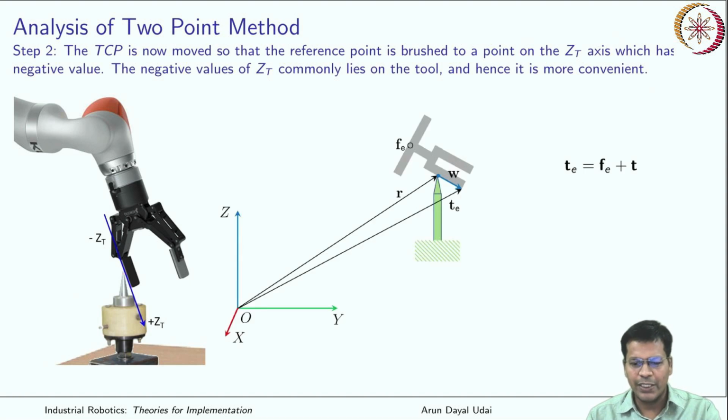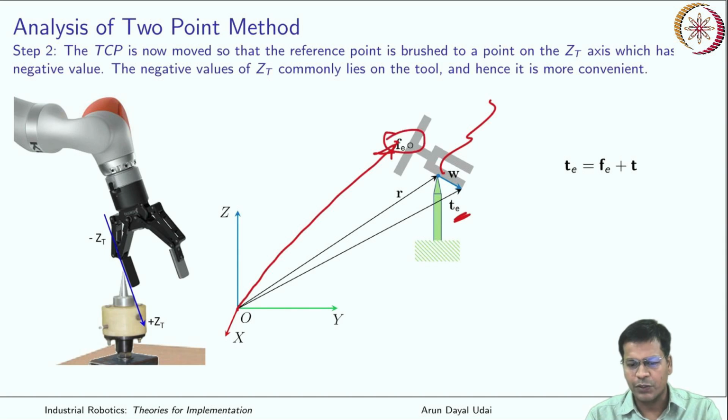So what you did is something like this. You made contact somewhere here. So now again TE is known, that is the end effector of the tool position. Why? Because it is a calibrated tool and using forward kinematics you have this information.